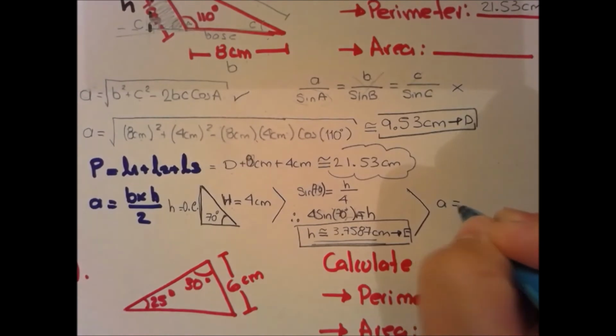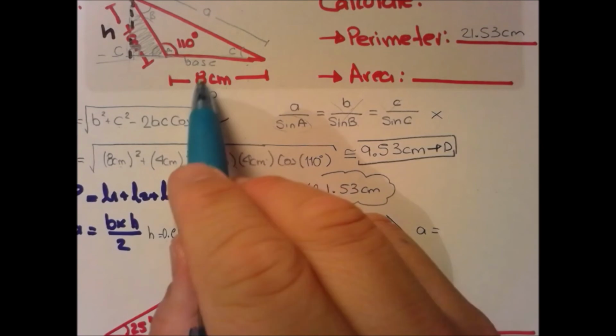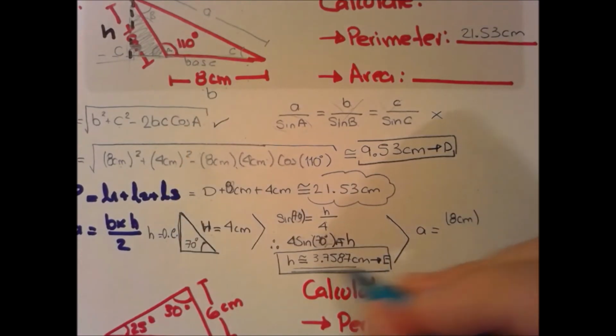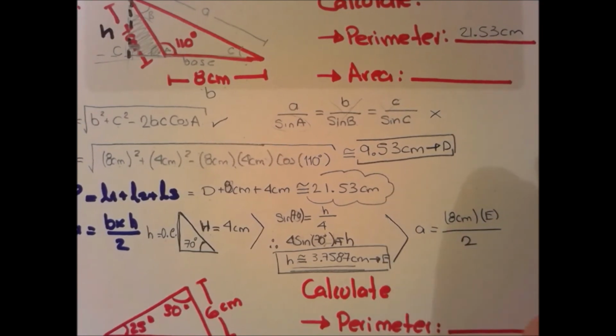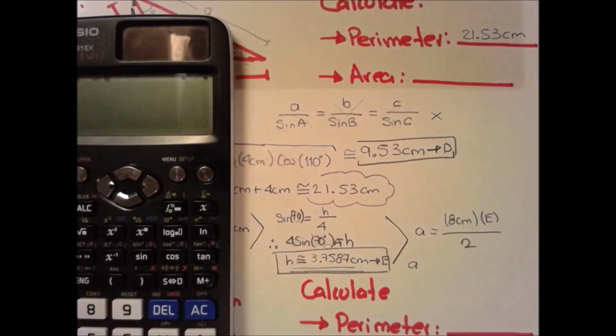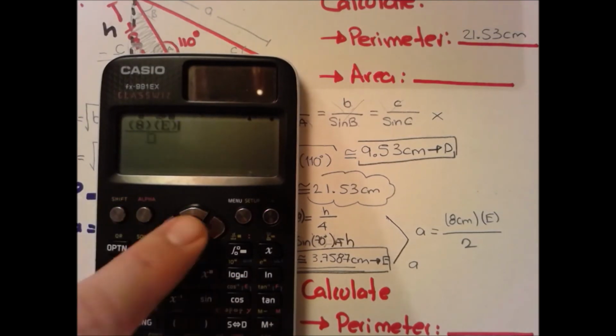Area is equal to base. Well, how much is the base? The base is 8 centimeters times the height, that is E on my calculator, over 2. So area is going to be, let's do it, A times E over 2.